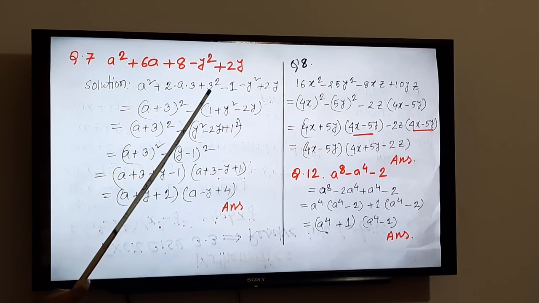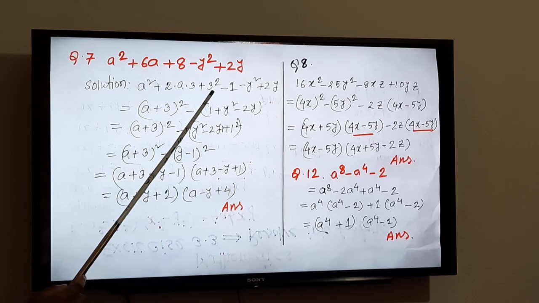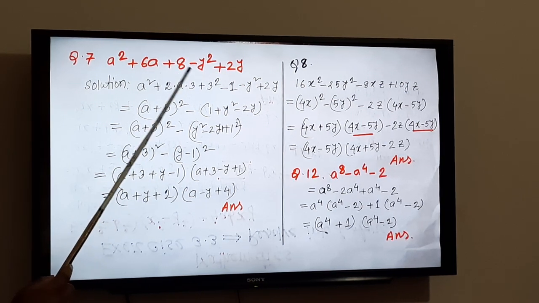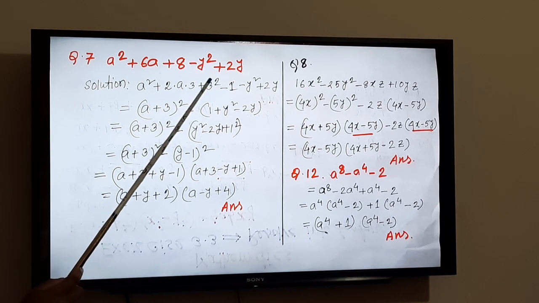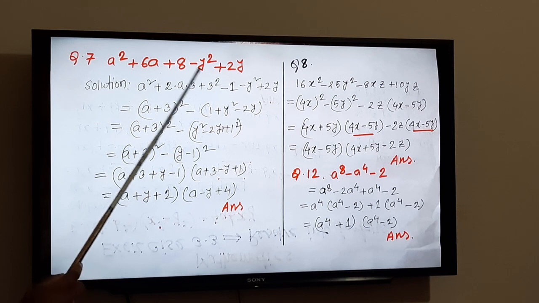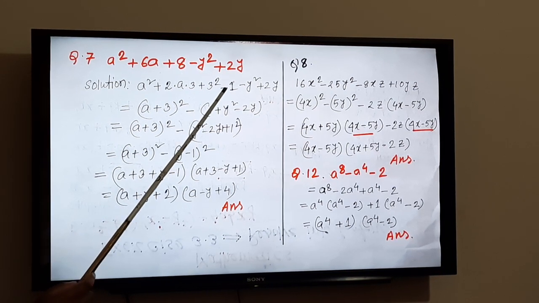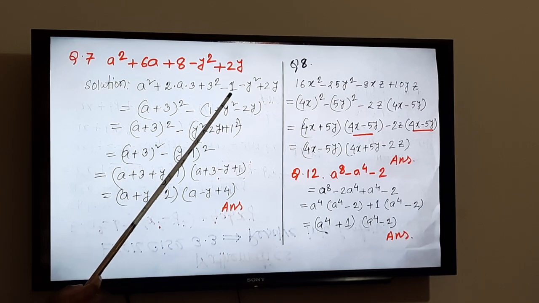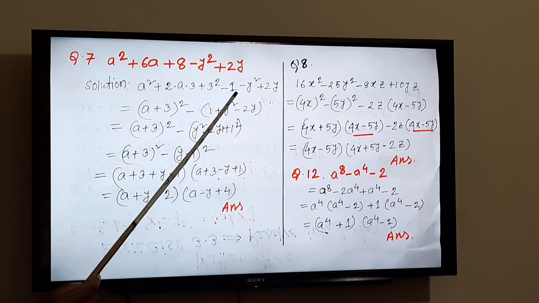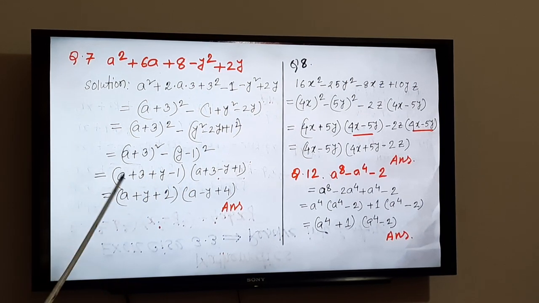So b is 3, b square is 3 square, which is equal to 9, but you have 8. You have to minimize it. For that, we have to discard minus 1. So 3 square minus 1 will be plus 8. And the remaining term is minus y square plus 2y.